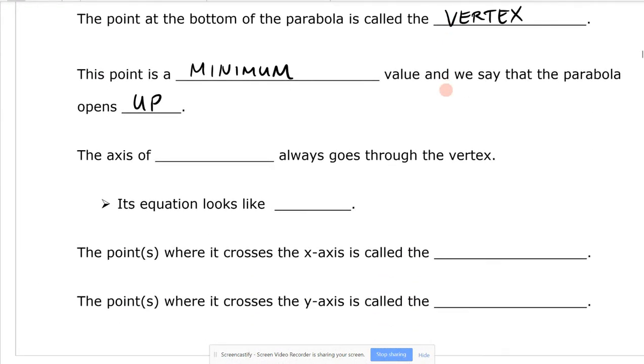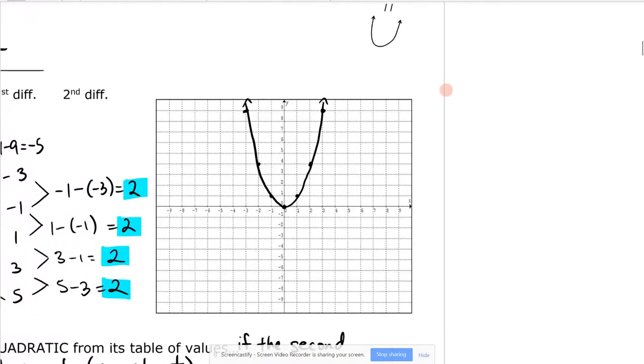Okay, this parabola also has something called the axis of symmetry. And this axis of symmetry always goes through the vertex. So let's draw this in here. I'm going to use a dotted line like this to denote the axis of symmetry. It's not a real line that's part of my graph.